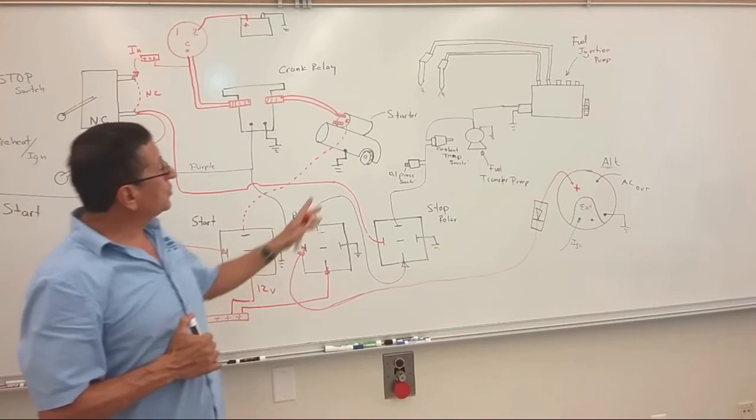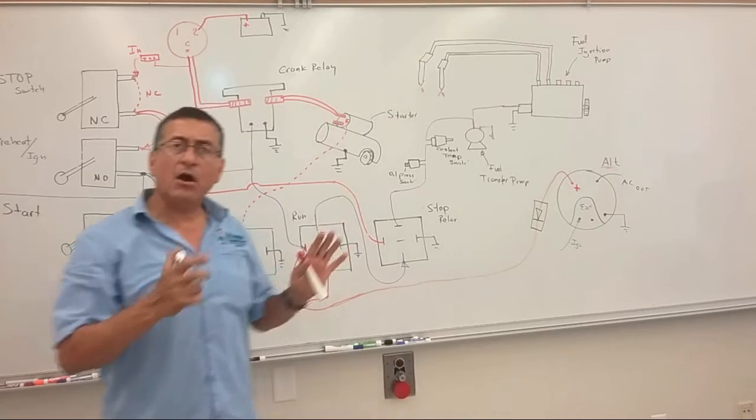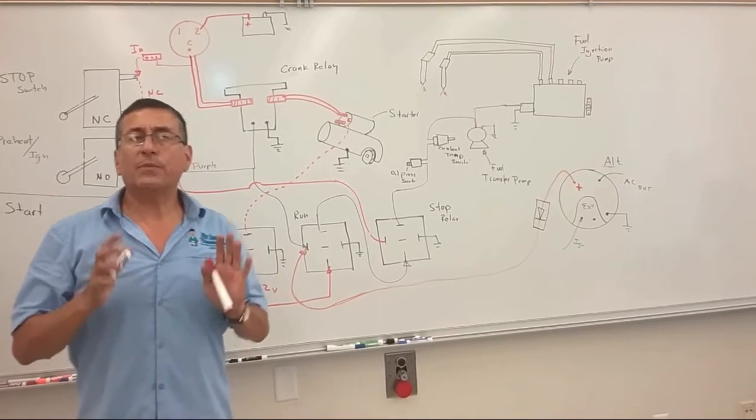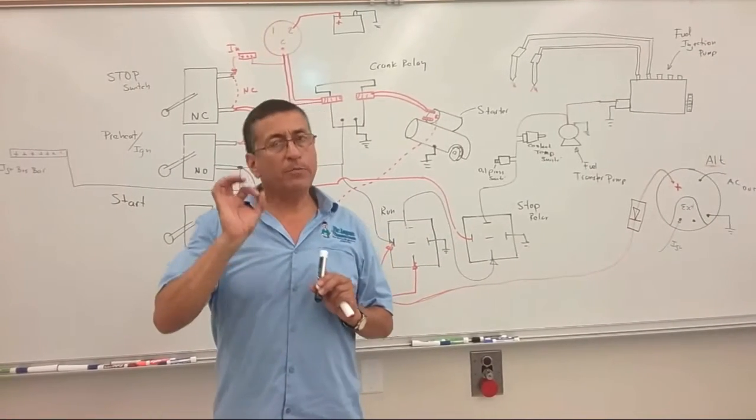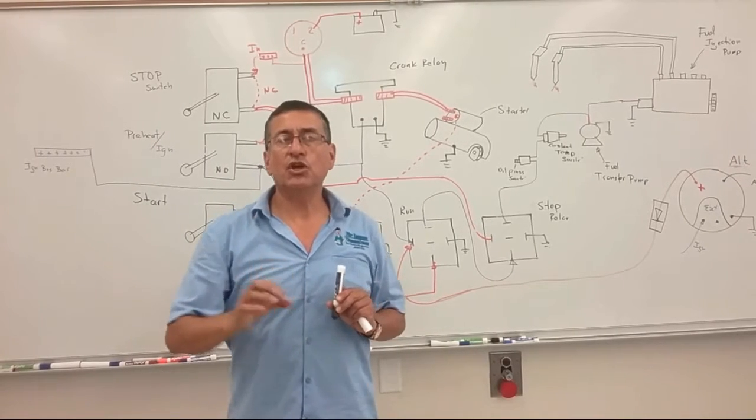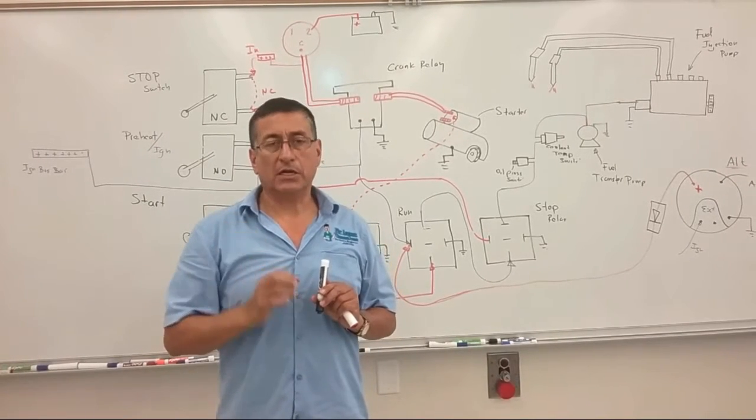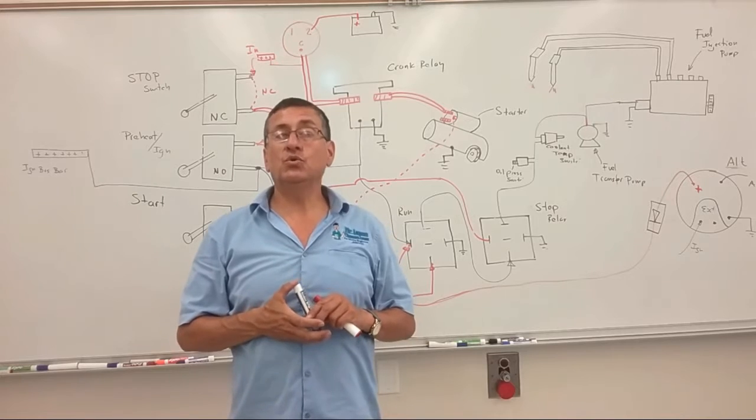Okay, this is the procedure to install the switch, and right now we are going to start with the procedure to install the oil pressure gauge, temperature gauge, fuel gauge, and tachometer. In that case, we are going to use the sensors.